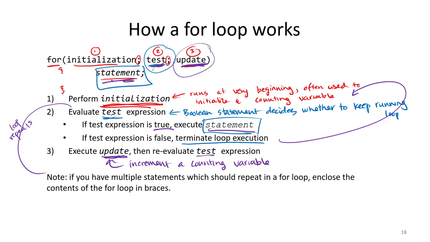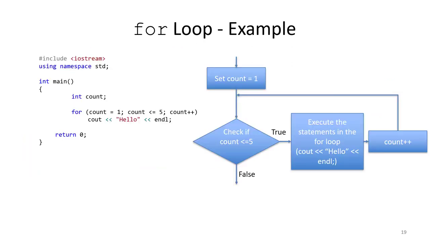Let's look at a quick example. So here's a very simple for loop. And notice we have our initialization statement. Our initialization statement sets count equals 1. So that's the first part of our for loop. We set count to 1.